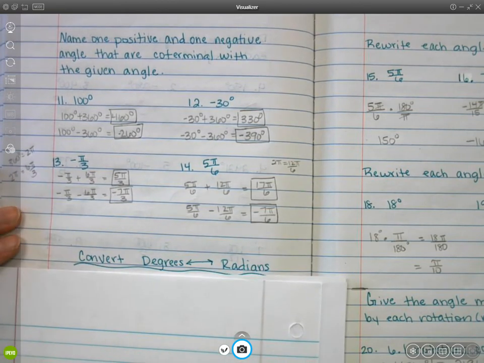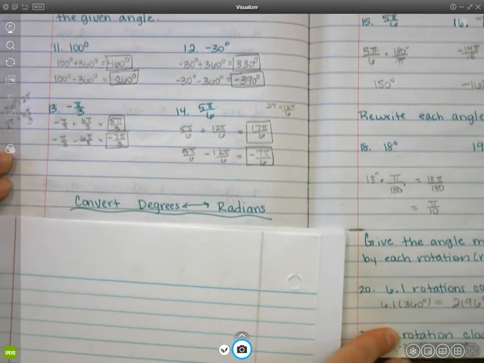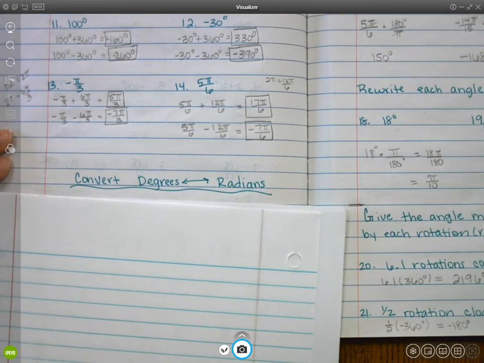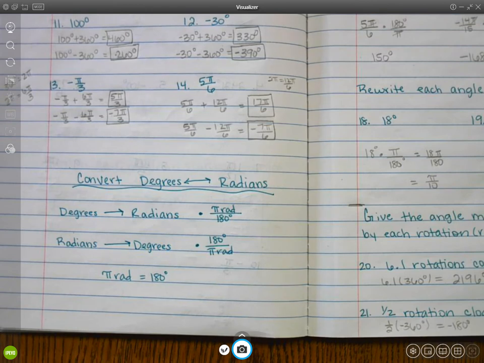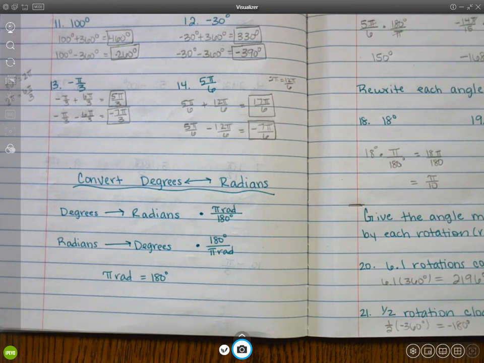All right, so to convert from degrees to radians, we have these two little conversions. If I want to go from degrees to radians, I multiply by pi over 180. If I want to go from radians to degrees, I multiply by 180 over pi. Remember that pi radians is equal to 180 degrees.